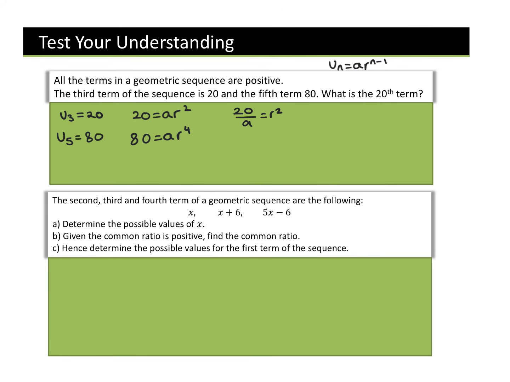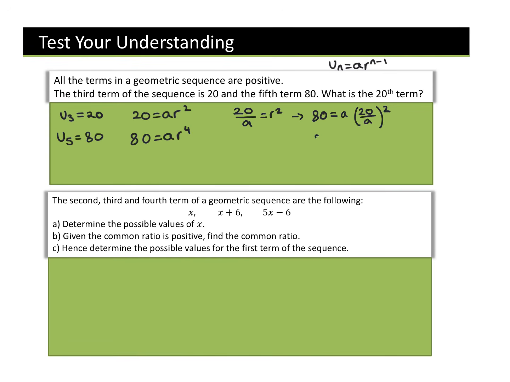And then we're going to substitute into the second one: 80 equals a lots of 20 over a, squared.